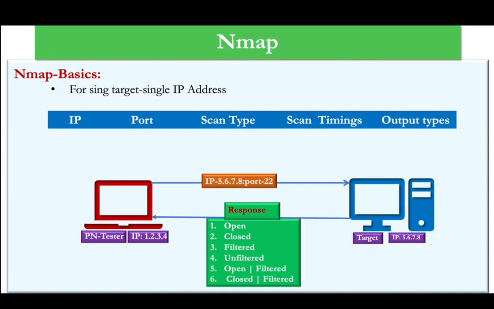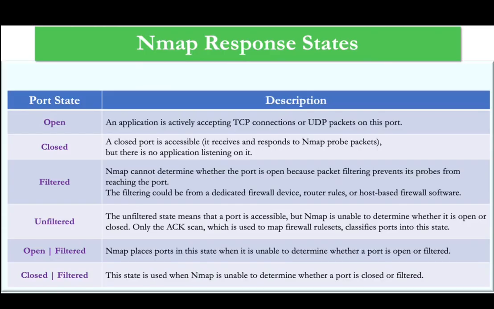Different types of port scans can produce different results, so it is important to understand the type of scan you are running as well as its expected output. Nmap divides the port responses into six states: open, closed, filtered, unfiltered, open or filtered, and closed or filtered. Those last two are the confusing states.